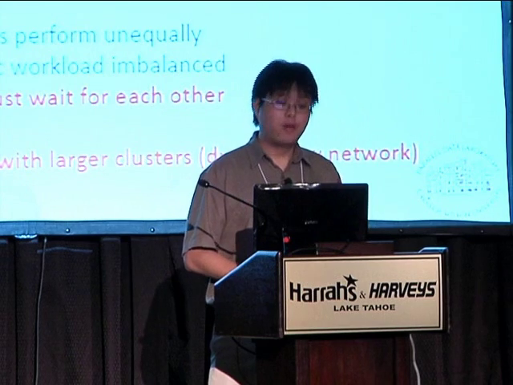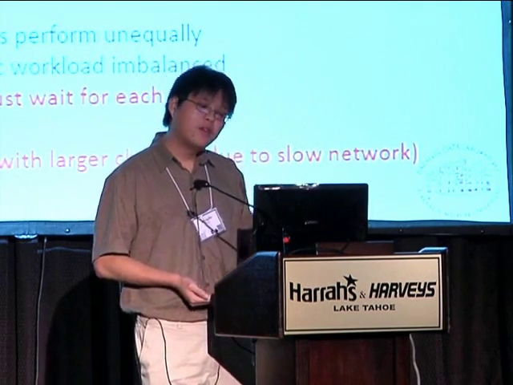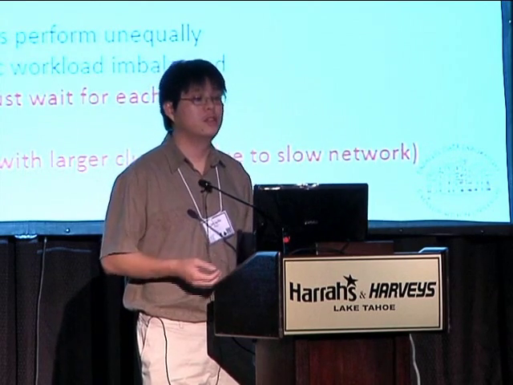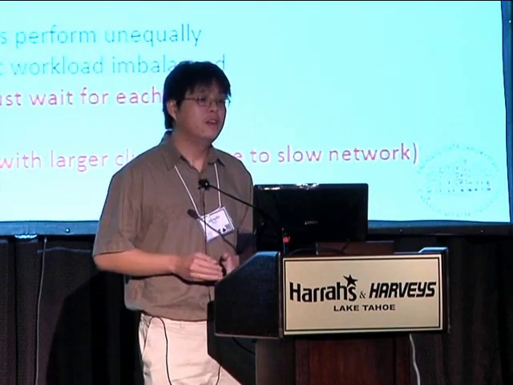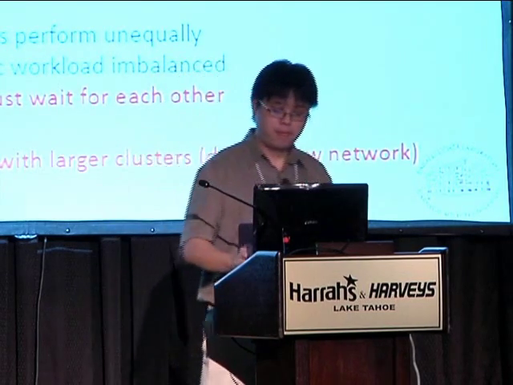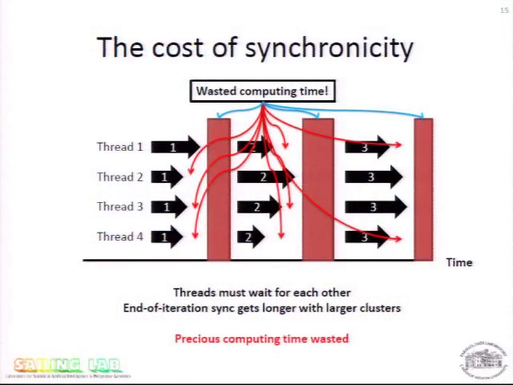So, threads wait for each other. They spend a lot of time waiting for each other, in fact. Furthermore, the end of iteration synchronization gets longer with larger clusters due to the slow network. You're trying to communicate all those parameters right at the end, and so you've got a traffic jam. All that white space and all that red space is wasted computing time.